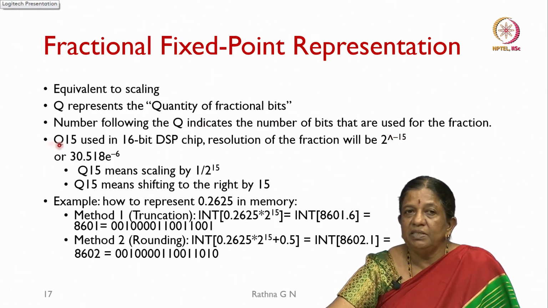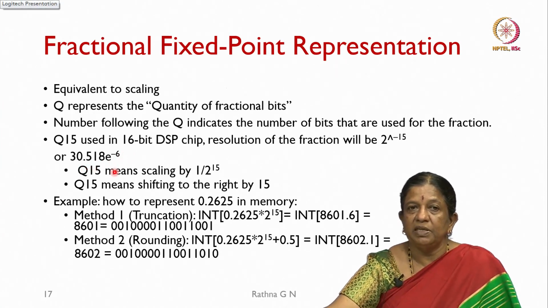As I represent Q15, I know it is a 16 bit DSP chip. Basically, the resolution of the fractional will be 2 to the power of minus 15, or 30.518 times 10 to the power minus 6 in decimal value.